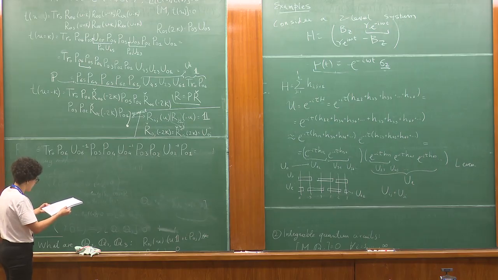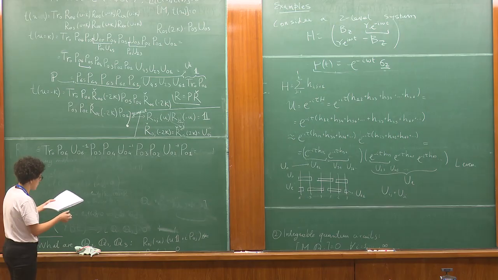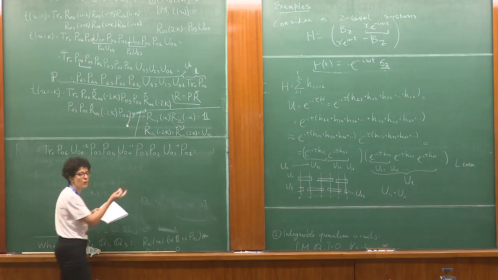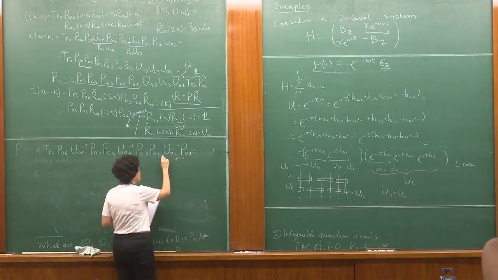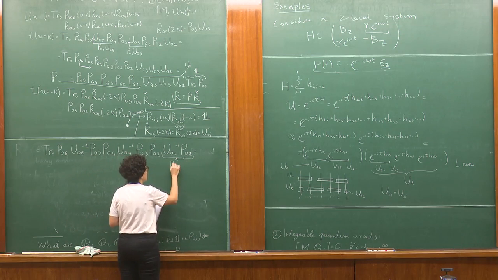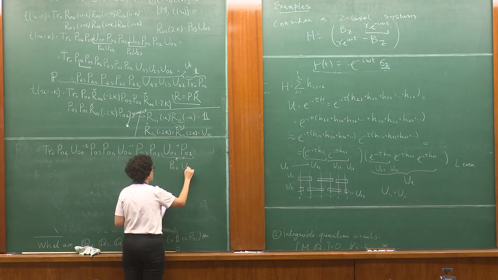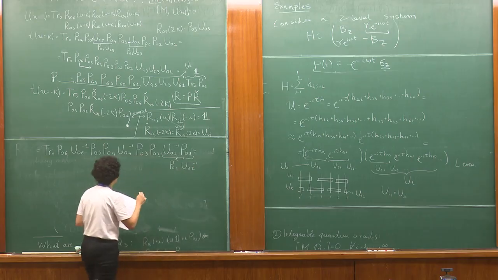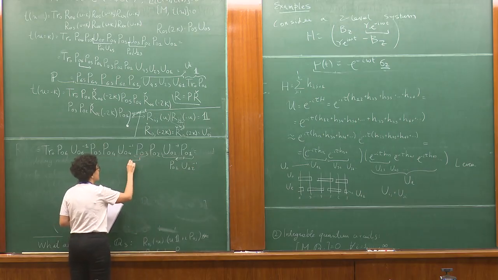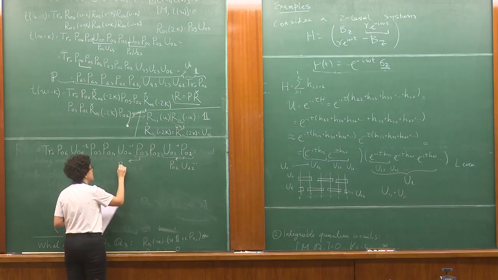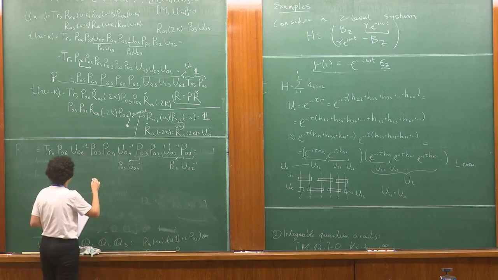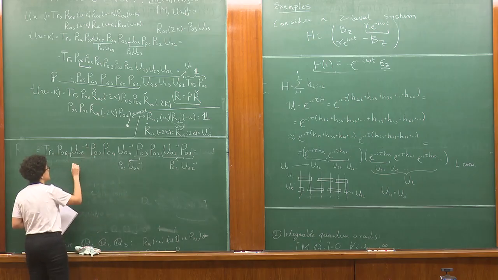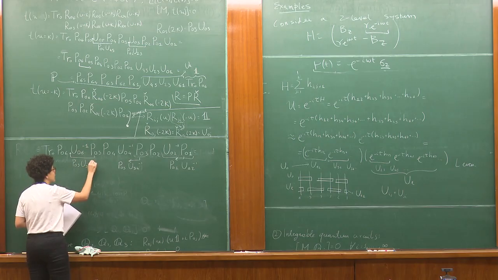Okay, so t equals minus kappa. Now we want to do the same story as before, so we want to place all the permutations in front. I will swap these two, and this becomes P_01 U_12 inverse. Then I swap this one here, and this becomes P_03 U_34 inverse. Then I swap this here, and this becomes P_05 U_56 inverse.